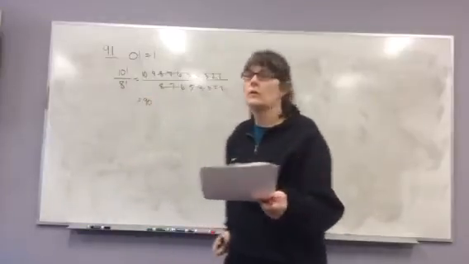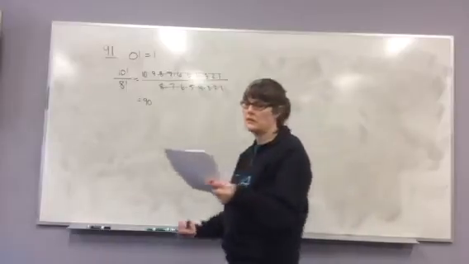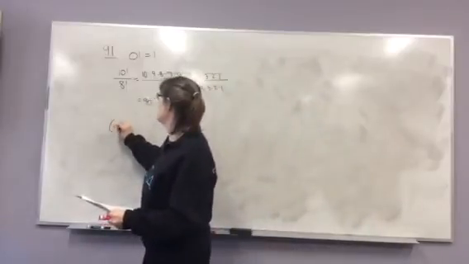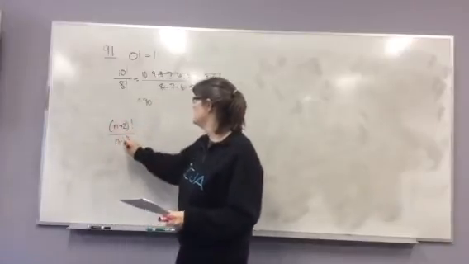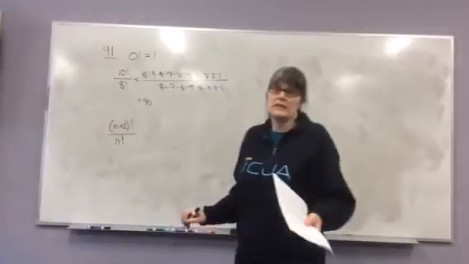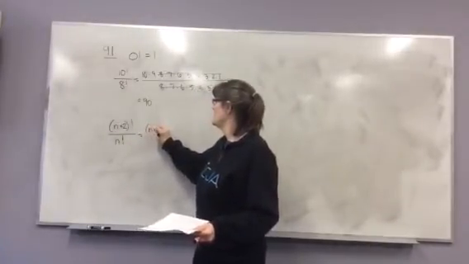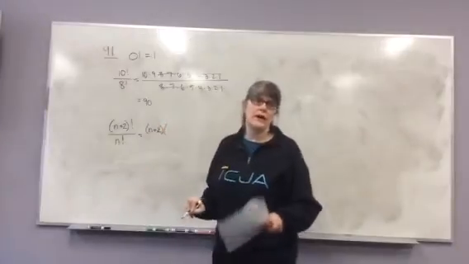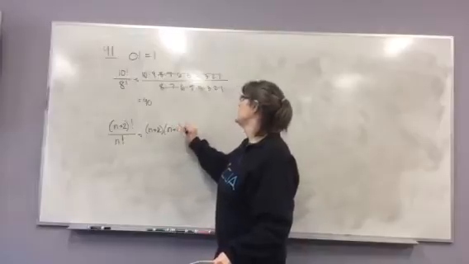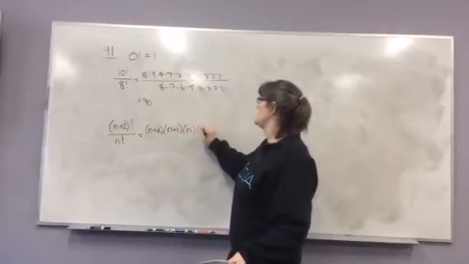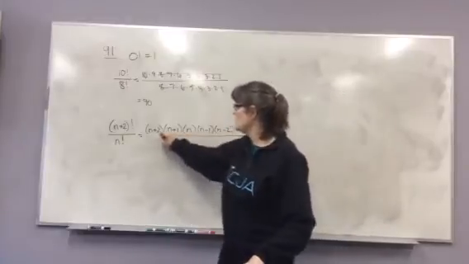Great. Well, we're going to be using more in this chapter things like n plus 2 factorial over n factorial. Okay. Well, we just need to remember what the definition of factorial is. We start with the number that we have and multiply it by one number less than that, which would be n plus 1, and then one number less than that, etc., until we get down to 1.